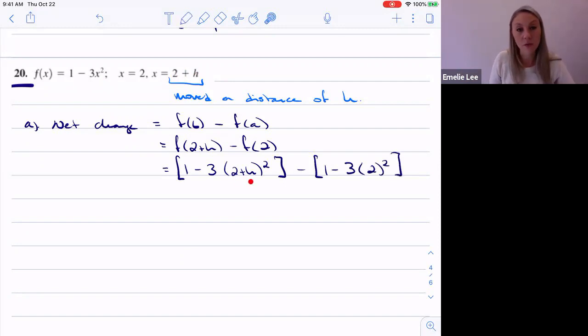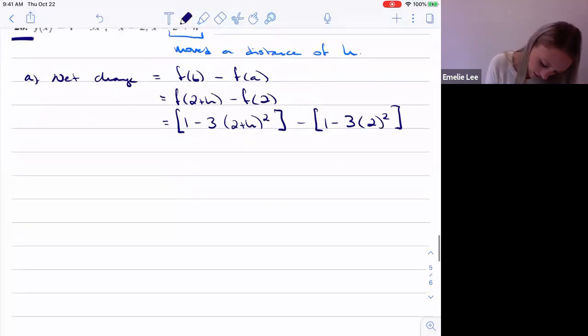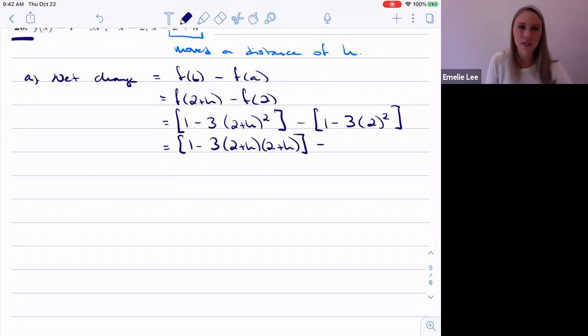Keeping in mind, we've got to be really careful. 2 plus h squared is 2 plus h times 2 plus h, right? So I don't want to see you bringing in this power inside. That's illegal math. 1 minus 3 times 2 plus h times 2 plus h. I always write it out like that because it reminds me that I need to expand this thing and it's going to be bigger than I probably want it to be.